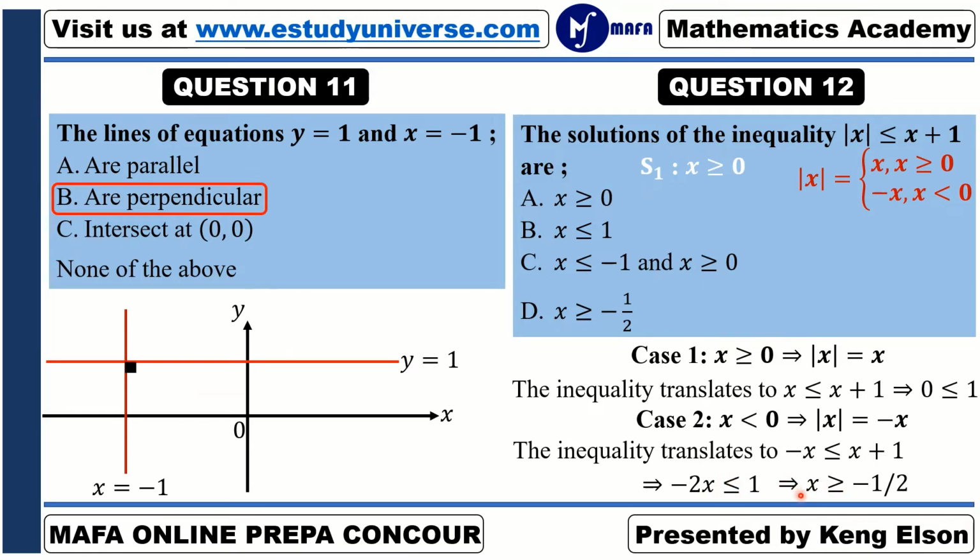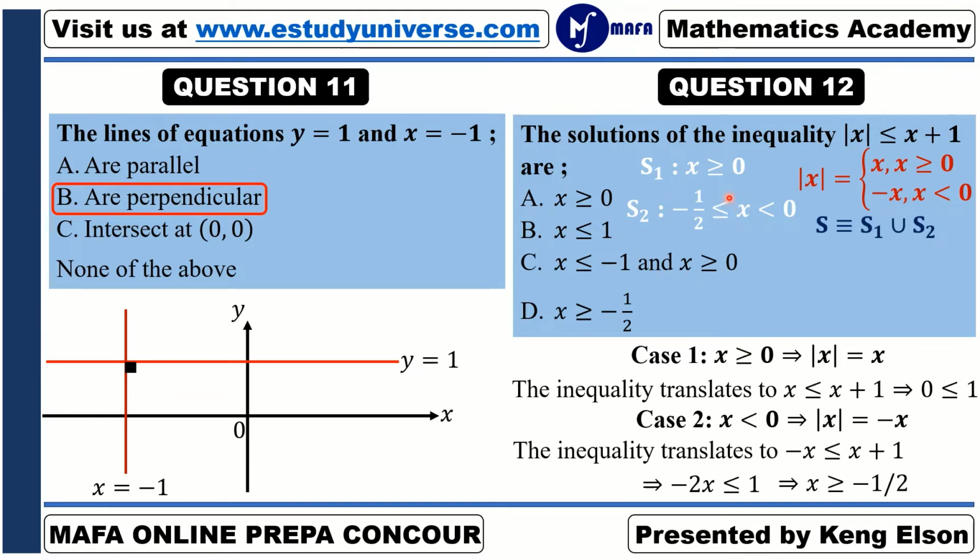So the solution is x greater or equal to negative half. Alright, and now there is something. For us to arrive at x greater or equal to negative half, the condition was that your x must be less than 0. It therefore means that the solution is going to be x between negative half and 0, because you are less than 0 and you are greater than negative half.